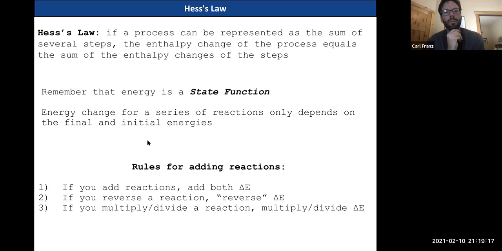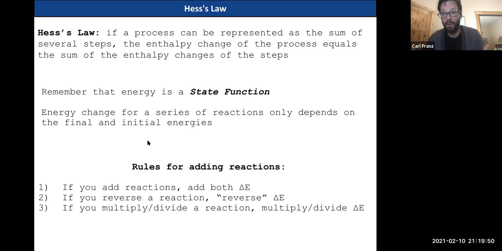And essentially, what Hess's law is that if we have some kind of process or reaction that takes several steps, and in this case, we're looking at the context being enthalpy change, we can add up those changes in each of the steps to get the total overall enthalpy change.